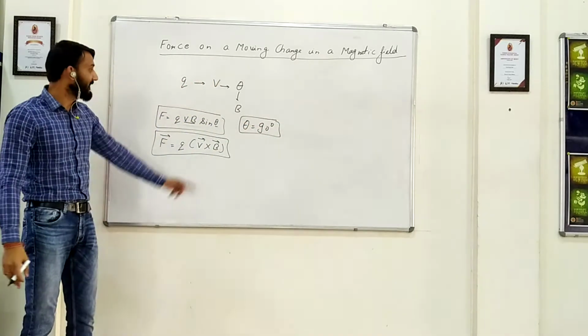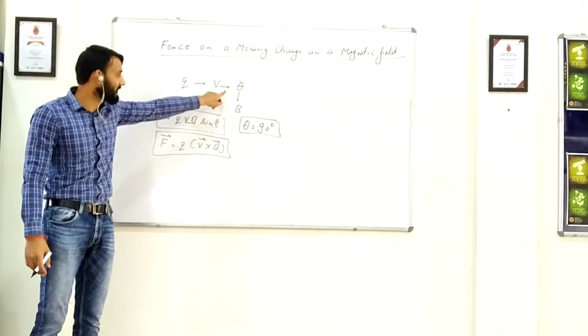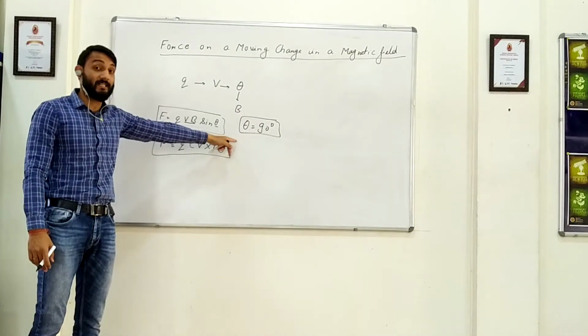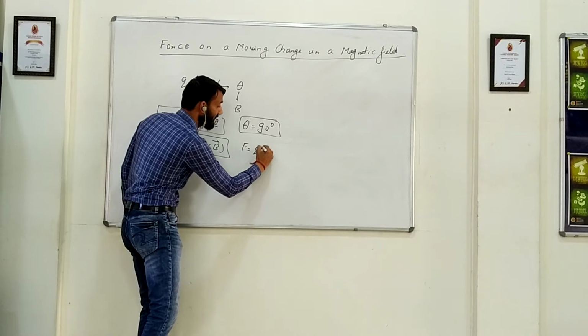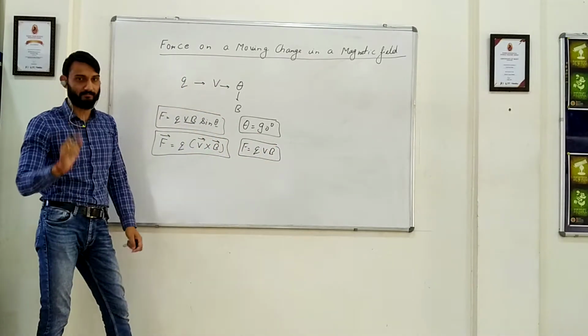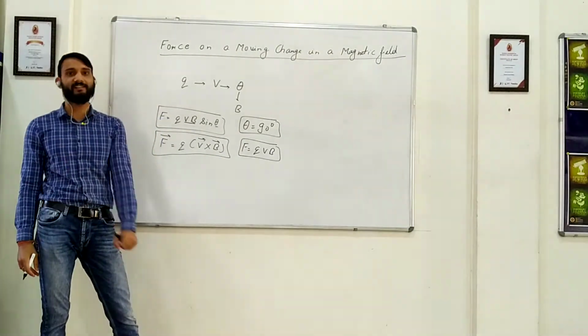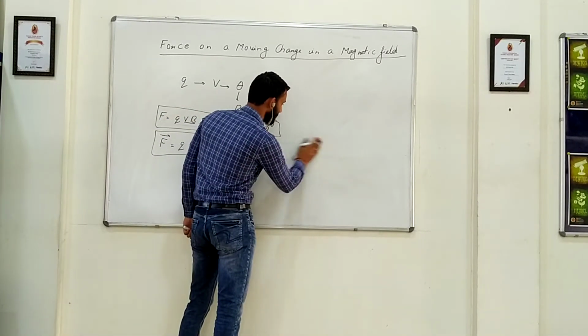If the angle between B and v, that is the velocity of the charged particle and the magnetic field, is 90 degrees, then the magnitude of the force experienced will be QVB, because sin 90 is 1. But what will be the direction of this force? That is very interesting to understand, right? So let us understand that.